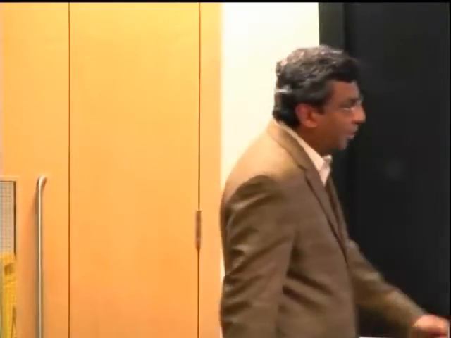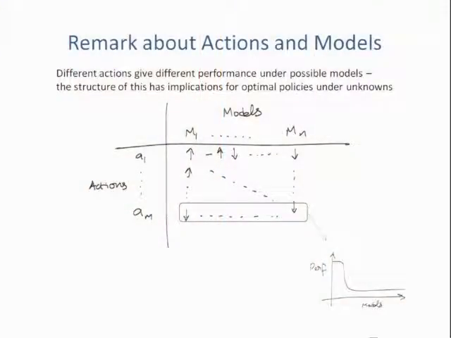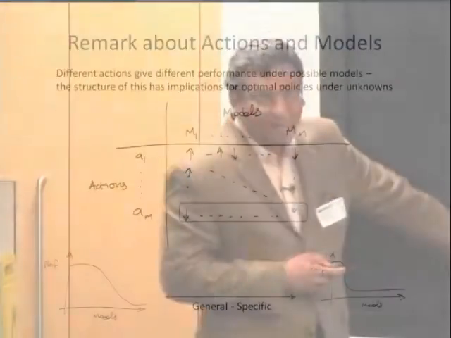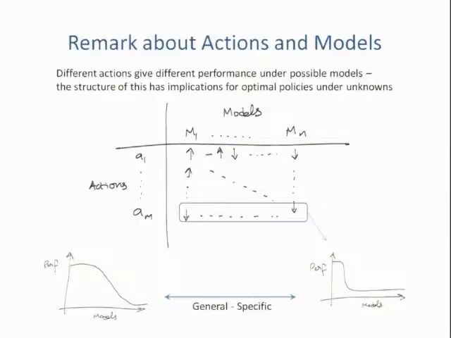So what this tells you is that over a space of all possible models, you have some profile of performance by which you can characterize any given policy. Right? And then you can think about there being general policies that are generically good for lots of different worlds, but don't necessarily give you very high reward, versus very specific kind of models which are highly peaked, but then they could also give you really bad performance everywhere else.